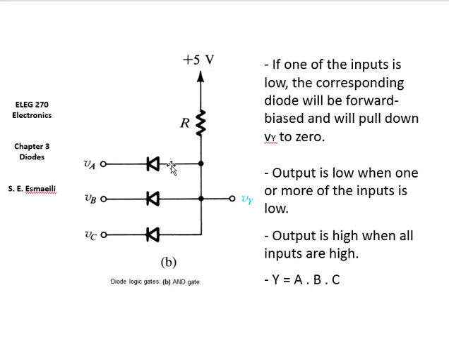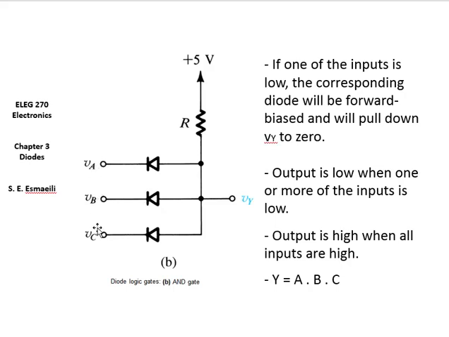Again, we are placing 3 diodes in parallel together, and we're connecting the VCC here, the input voltage, to 5 volt. After that, there's going to be a resistor. The output is going to be taken here. This blue Vy is going to be the output.